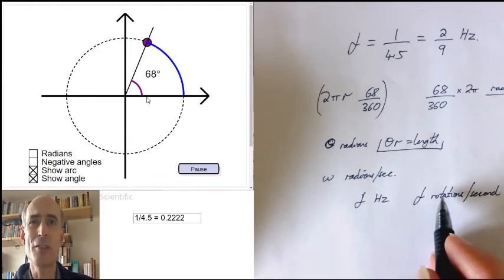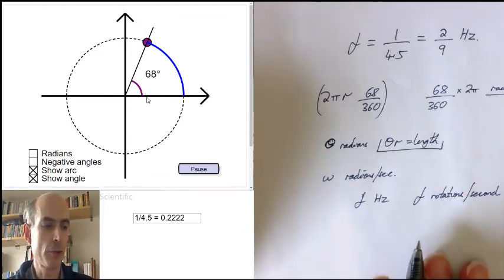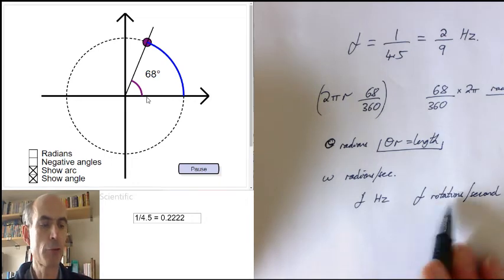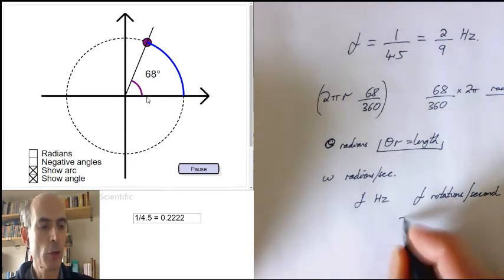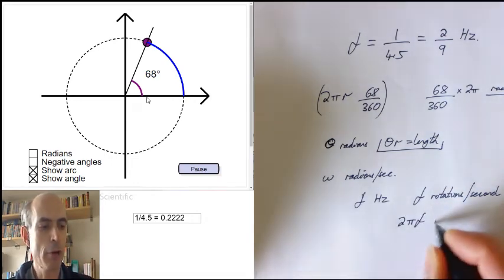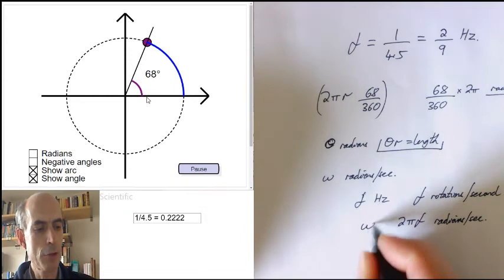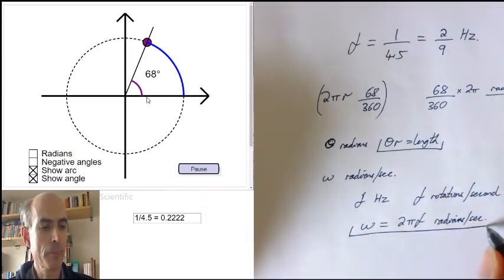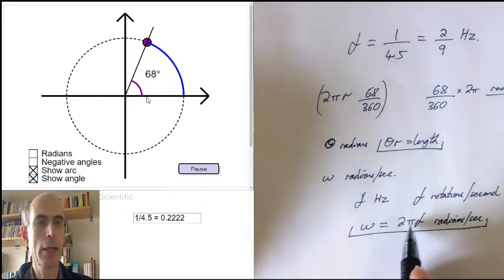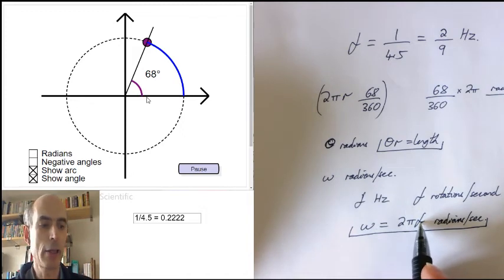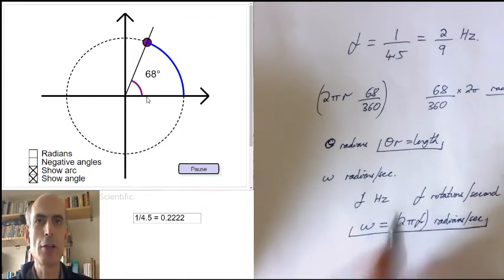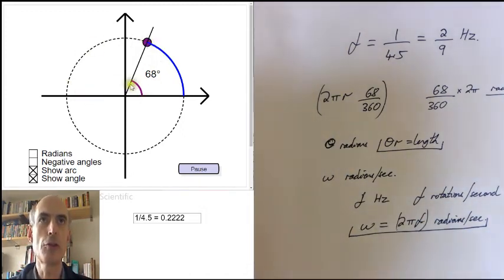Each rotation is 2 pi radians. So if I'm going at f rotations per second, I'm going at 2 pi times f radians per second. And that is angular frequency. 2 pi times the frequency f in hertz. It's the number of radians that this dot is going through per second.